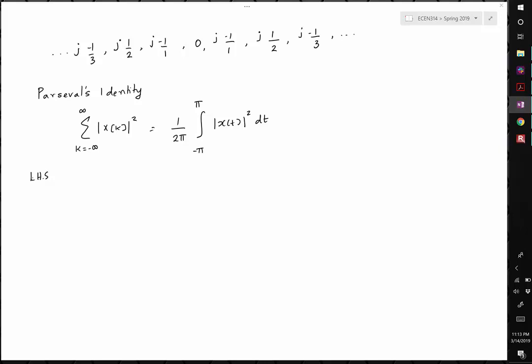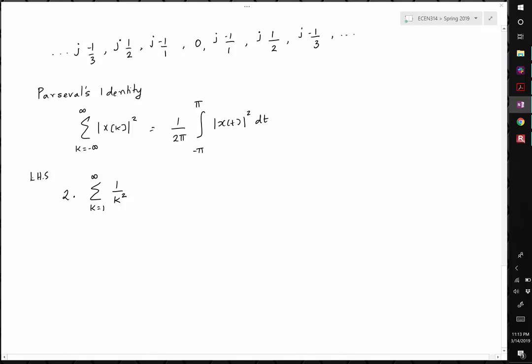When k is 2, it's 1 over 2 squared. When k is 3, it's 1 over 3 squared, so on and so forth. When k is negative 1, it's again 1 over 1 squared. When k is negative 2, it's 1 over 2 squared. So you can see that the left-hand side is 2 times the summation, k going from 1 to infinity, of 1 over k squared.